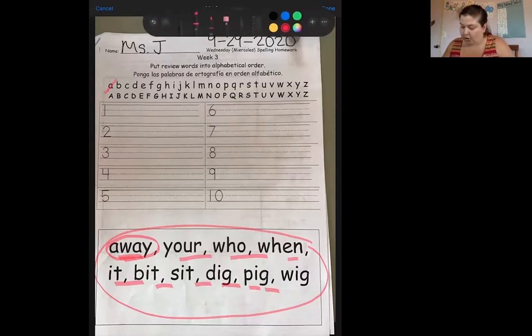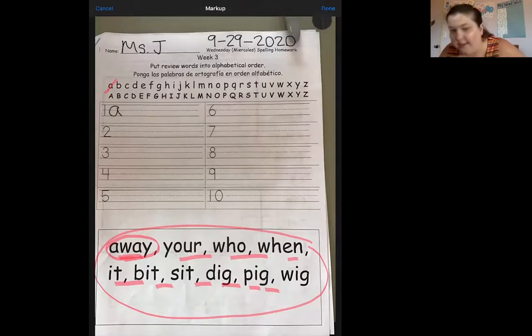All right, so let's write away in number 1, and it's in lowercase. You're writing this with me. A, W, A, Y, away, okay? Away is number 1 because it starts with what letter? A. Yes, yes, yes. All right, great.